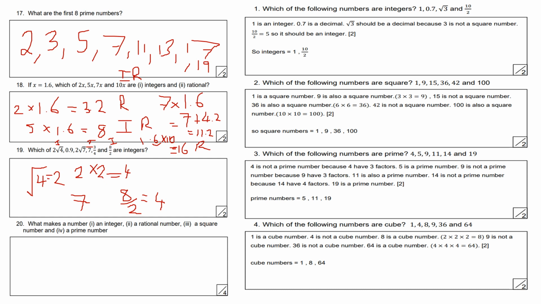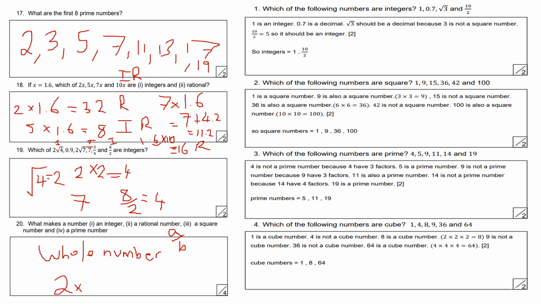Okay, question 20. What makes a number an integer, a rational number, a square number, and a prime number? So a number that is an integer is just a whole number. That's the key takeaway from today's video. A rational number is a whole number or a number that can be expressed as a fraction, a over b, where a and b are non-zero. A square number is made by taking a number times itself.